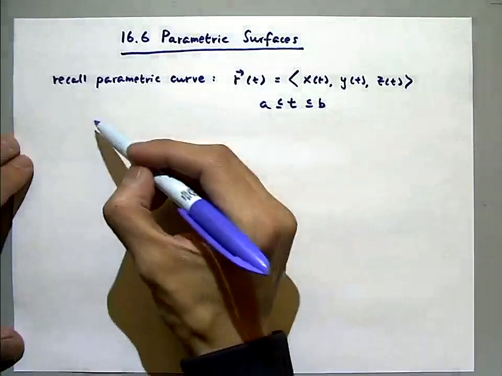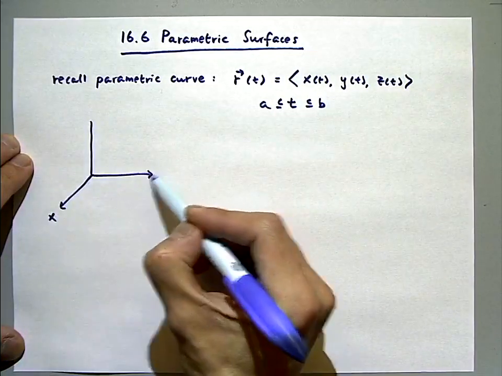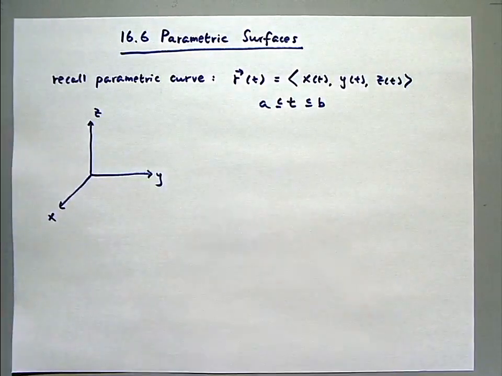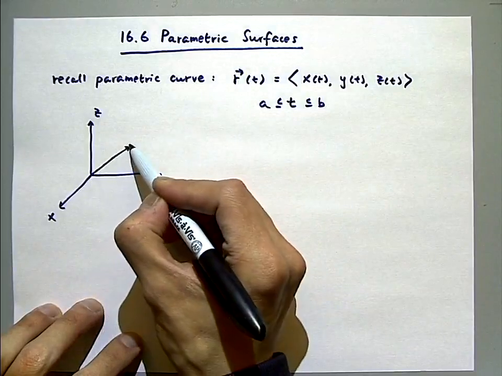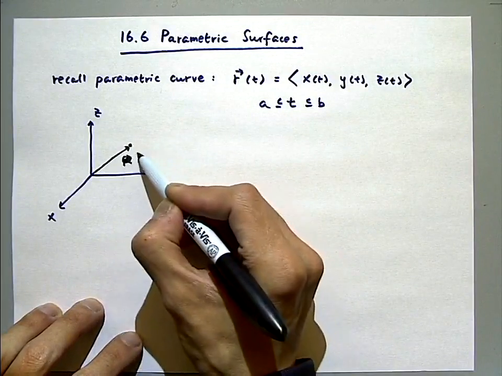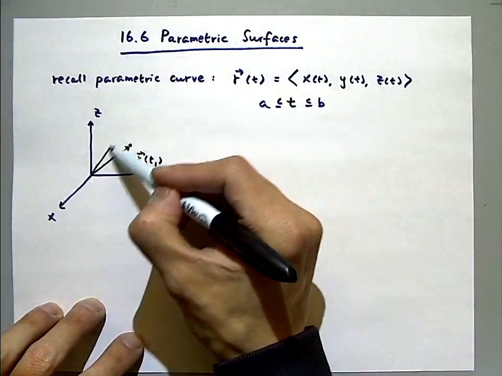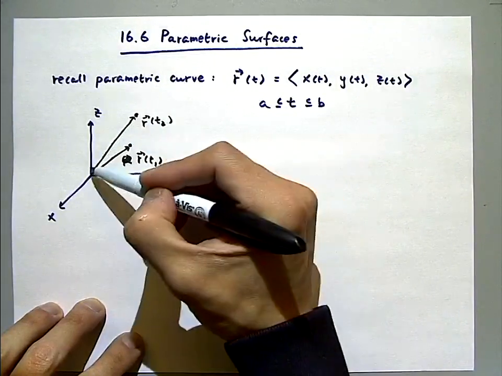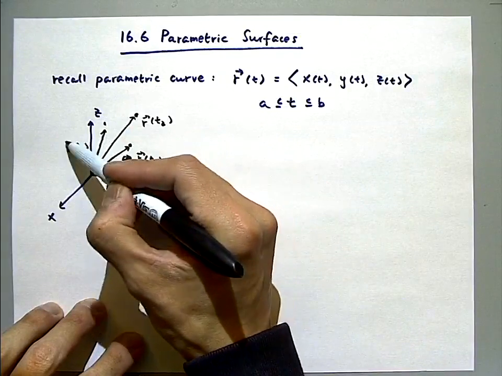So how this works, if you remember, is if we have our coordinate system sitting here, and from the origin, let's say that point is R at T1, and we have some other point at R of T2, and some other point R of T3.